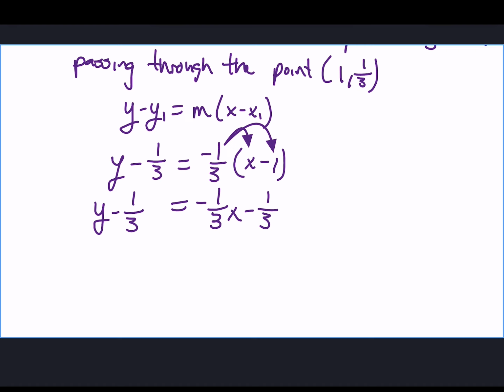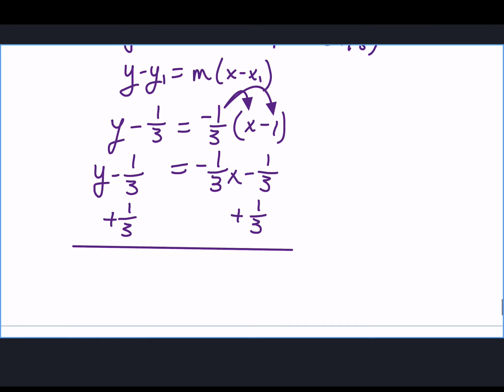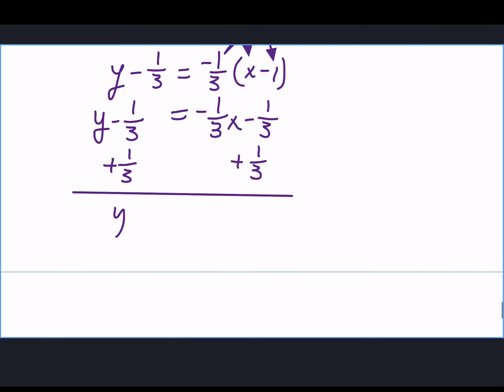Now how do we get y by itself? We can add 1/3 to both sides. So what do we have on the left-hand side? Y equals negative 1/3 x. Are we done? No, we're not done, because we're supposed to put this in standard form, right?